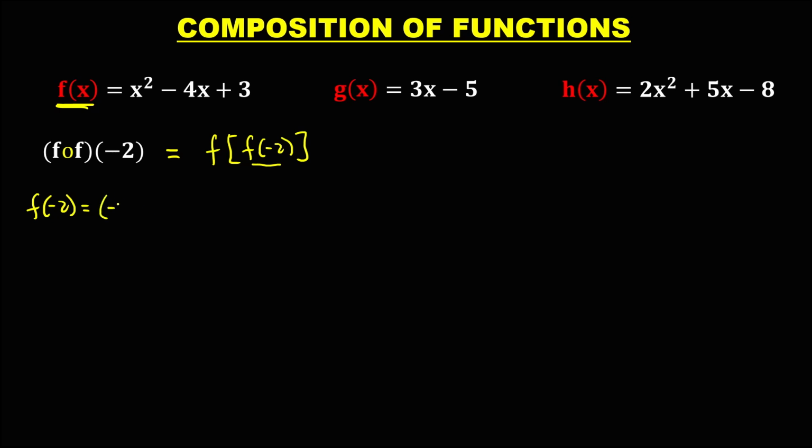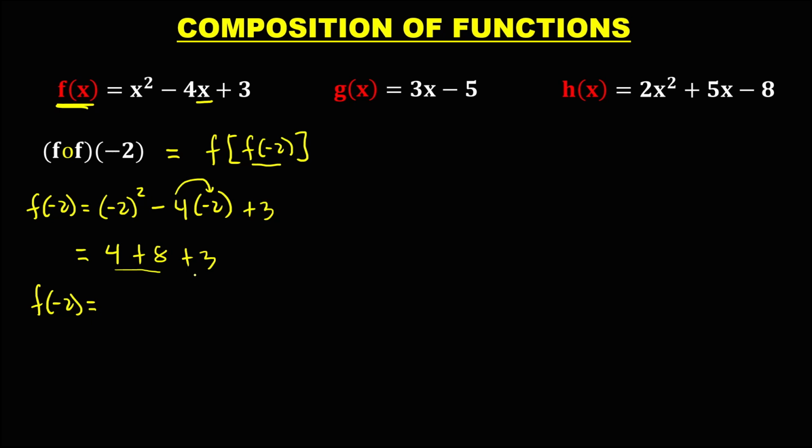So this becomes negative 2 to the power 2, then minus 4 times negative 2, then plus 3. Or negative 2 squared, this one is positive 4. Negative 4 times negative 2, this is positive 8, then plus 3. So therefore, f of negative 2 equals, 4 plus 8 is 12 plus 3, this one is 15.